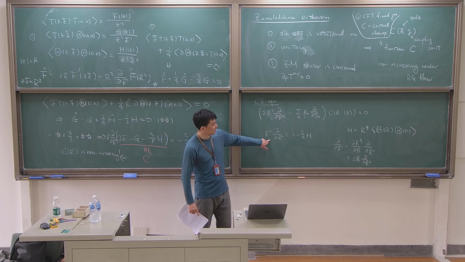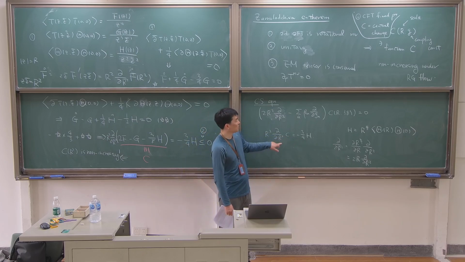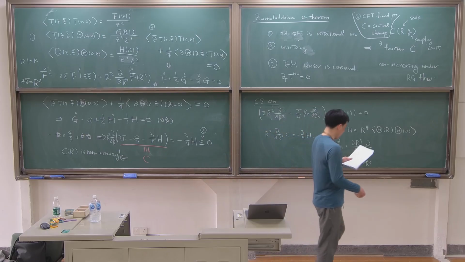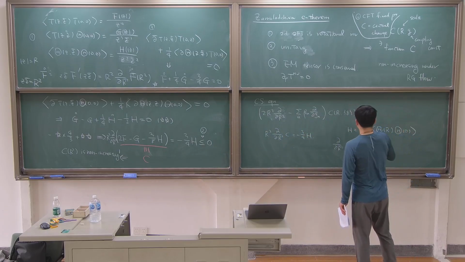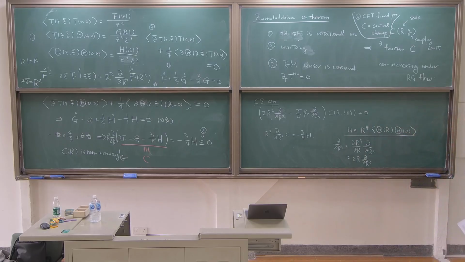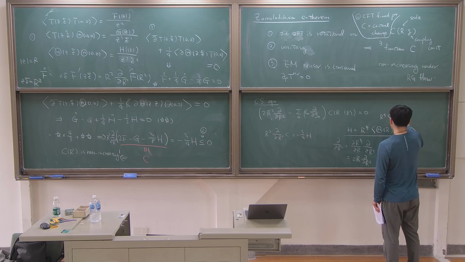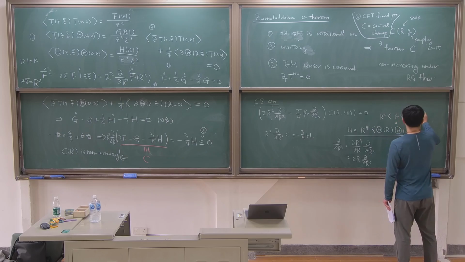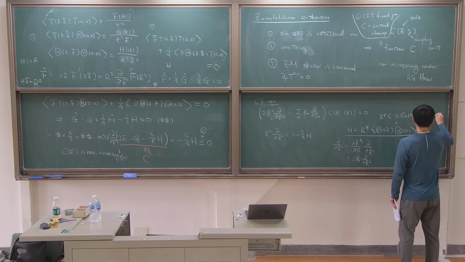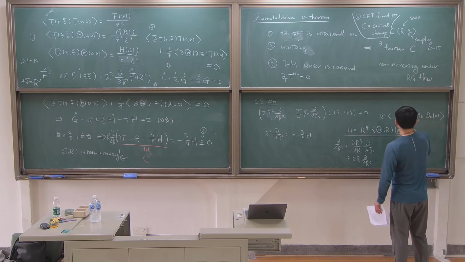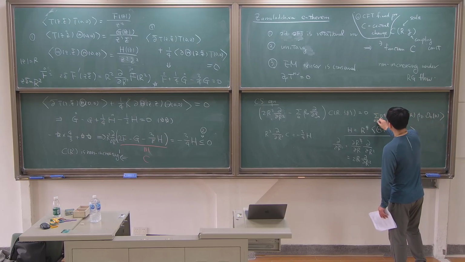And we know that this one is equal to this one, right? So plug that one into here. And h is this one, which is equal to r to the 4th, summed over a and b.